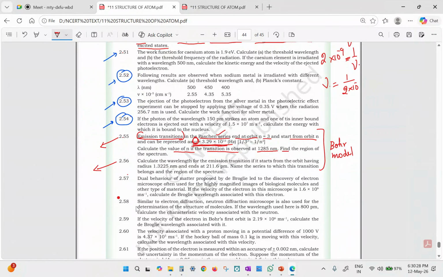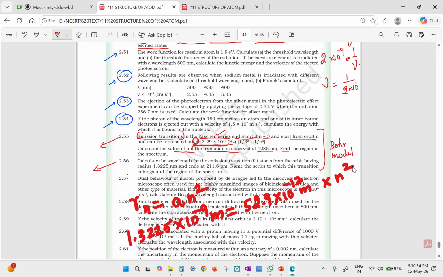What will you do? We know that Rn is equal to A n square. Remember? Bohr's radius formula. So now radius is given: 1.3225 into 10 to the power minus 9 meters is equal to 52.9 picometers, 10 to the power minus 12 meters, into n square. This will give you one n value.